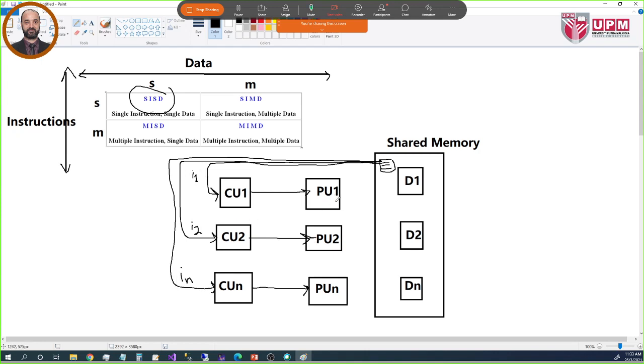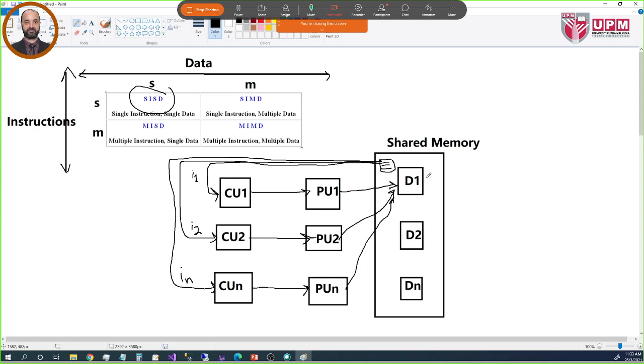But here they assume that all of those processors are still dealing with the same data. So in this case we will have a bottleneck, because the processors may start waiting for each other. For example, the result of the first processing unit is an input for the second processing unit, and maybe the output of processing unit 2 is an input for processing unit number 3, and so on.